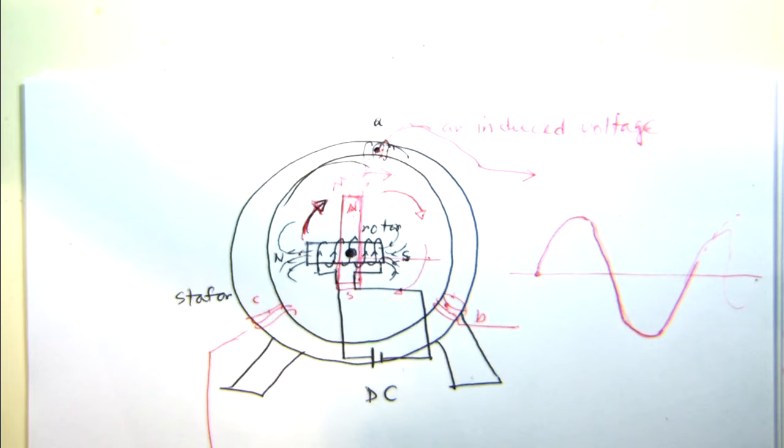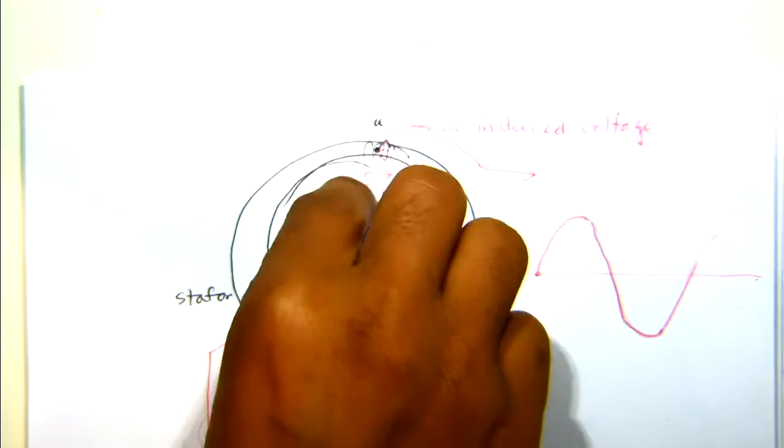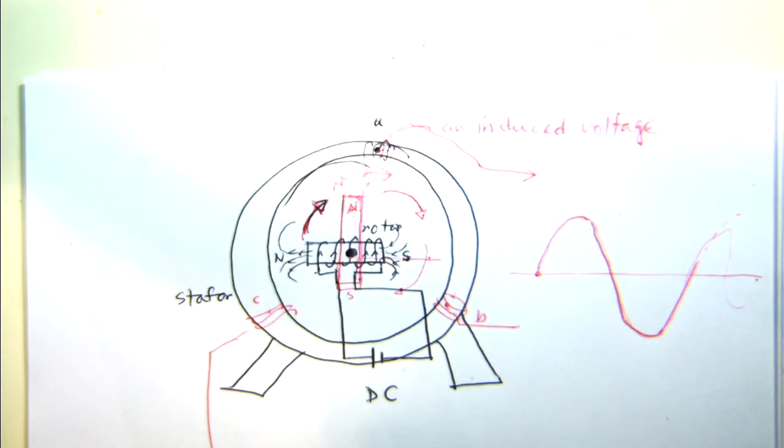So, one simple question. Whatever I have drawn here, how many poles are there? I make it simple. What is the value of P? You see P, pole. No, P doesn't mean power here.